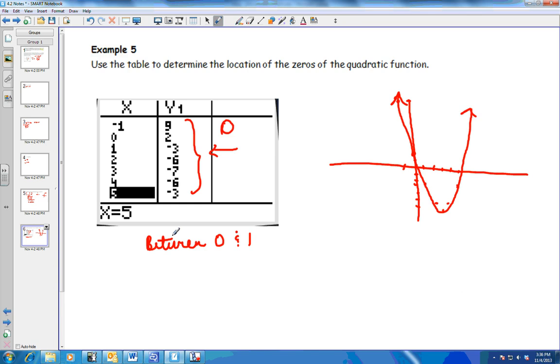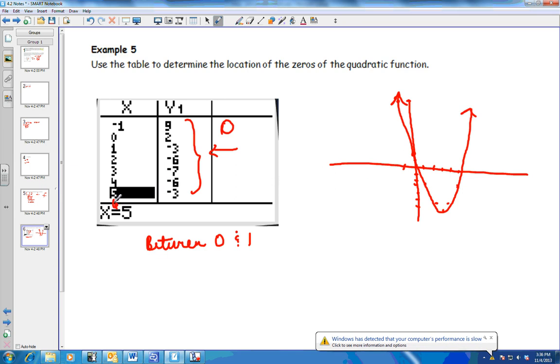And then do you see where my next point would be? If I went one more, if I went to 6, do you see my y values? It's -3, -6, -7, then -6, -3. What do you think this next one is going to be? Because remember, if I have a point on one side, I'm also going to have that point on the other side.